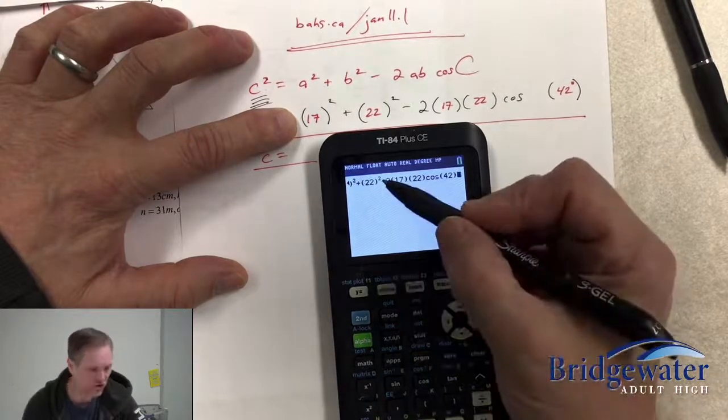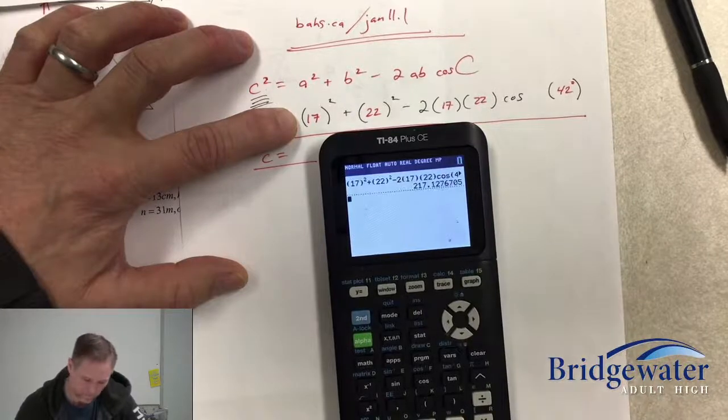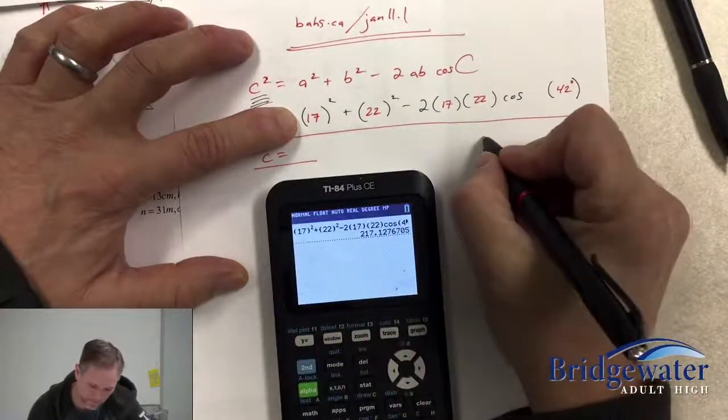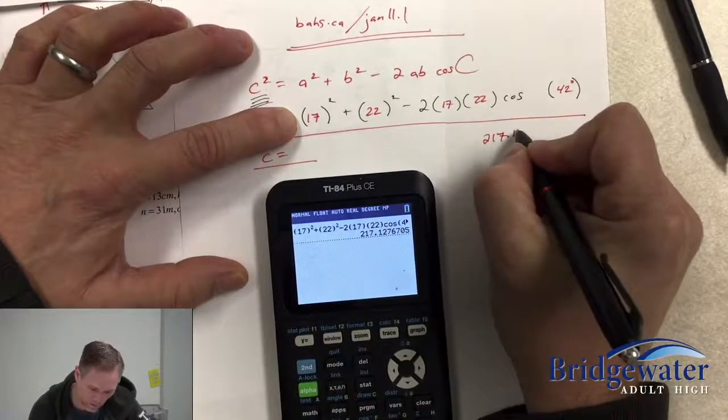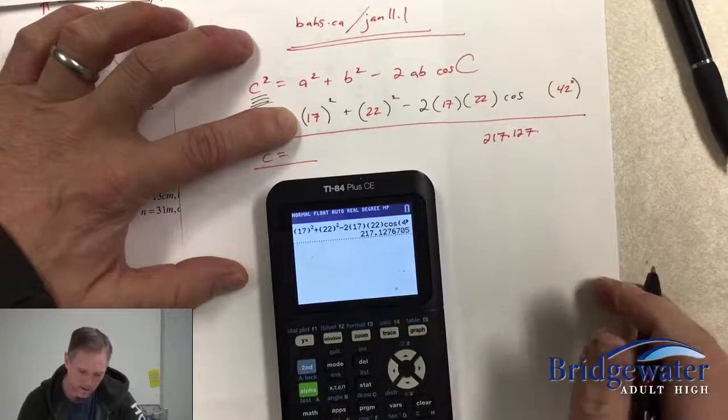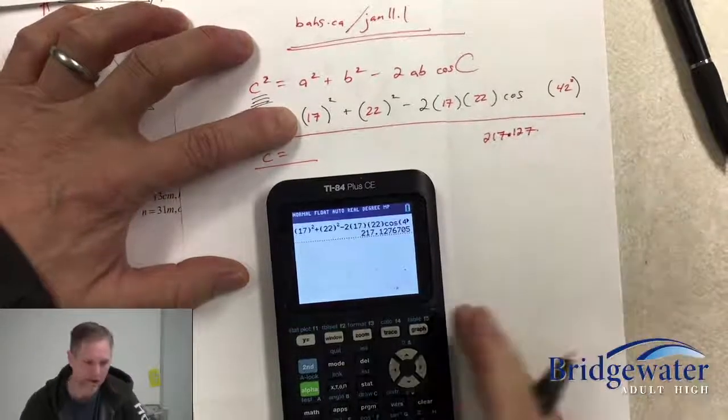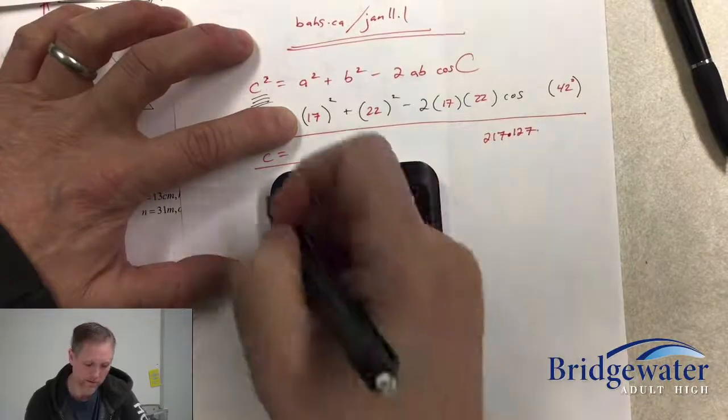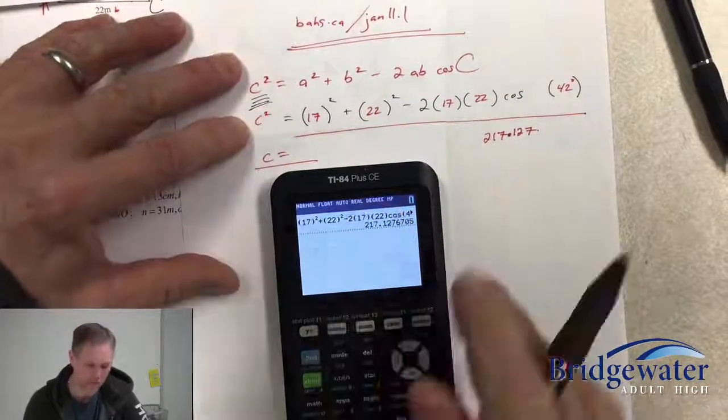And that's a subtraction sign, not a negative. And I get an answer of 217.127, but that's not the right answer, because I want c, not c squared.